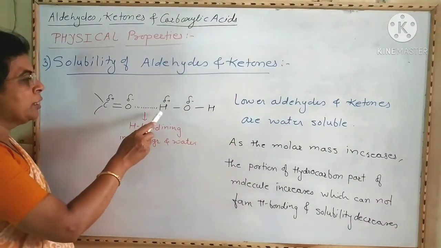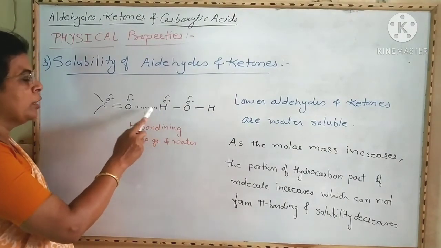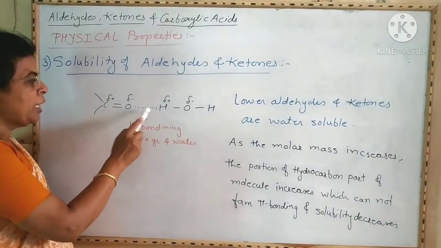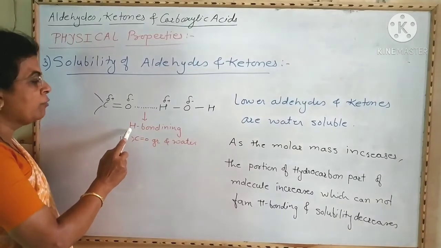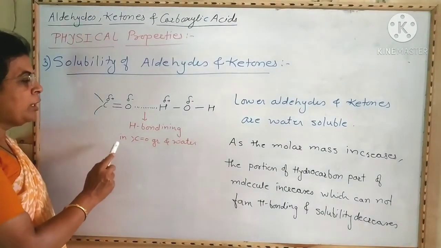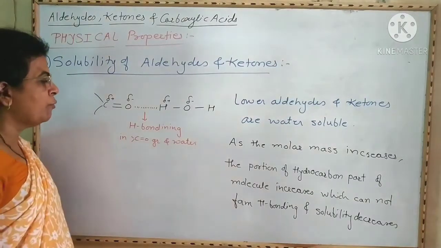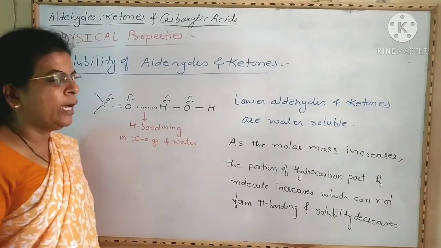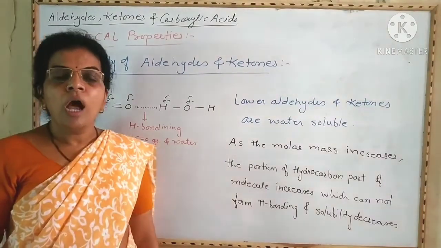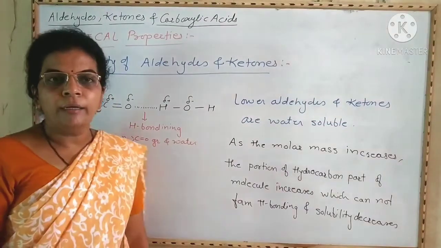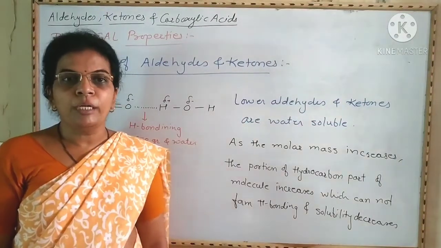Due to this, the hydrogen of water and the oxygen of the carbonyl group get bonded with each other by weak intermolecular hydrogen bonding. That is, in water and carbonyl group there is presence of intermolecular hydrogen bonding, and therefore lower aldehydes and ketones are soluble in water. That is, acetaldehyde and acetone are soluble in water.